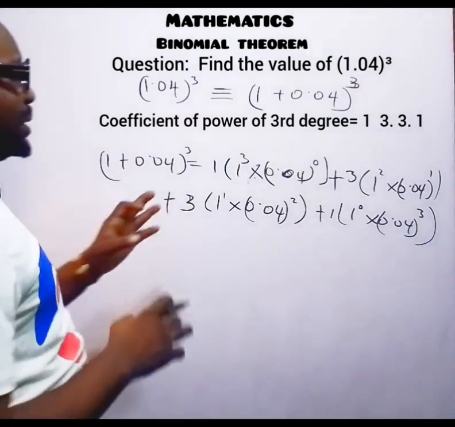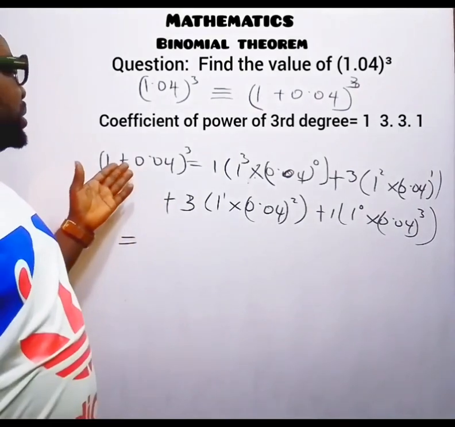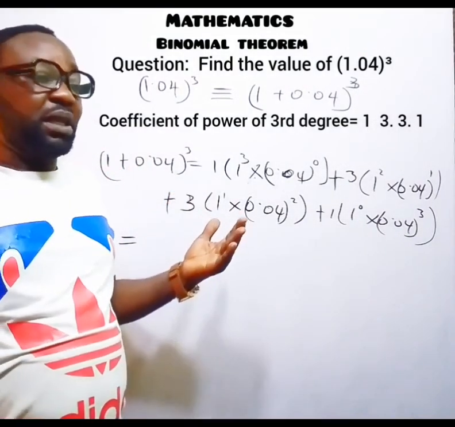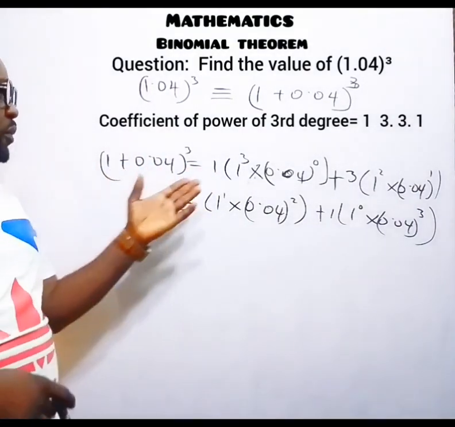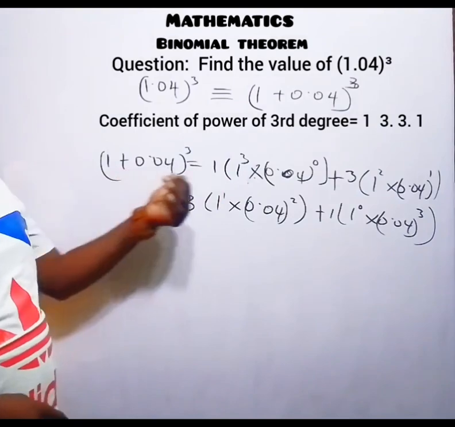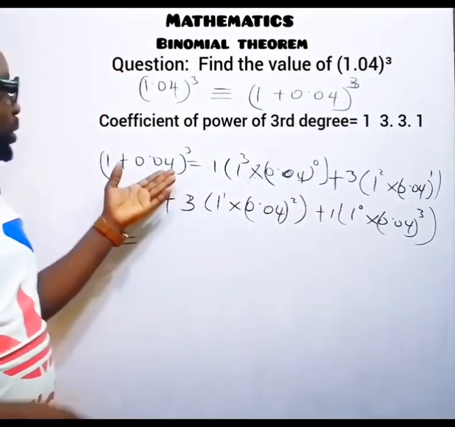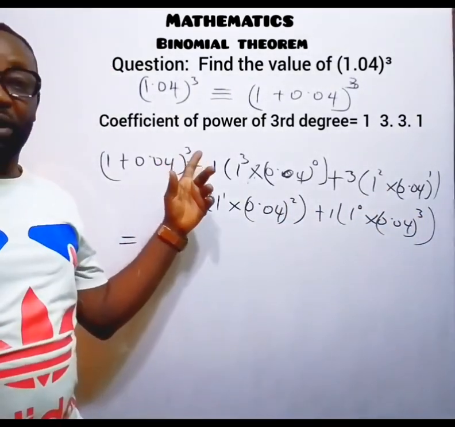Another thing I would like you to take note of is that anytime you are asked to add 1 plus a particular value, at the first step it is the 1 that is raised to the power of 3, and at the last step it is the second term that is raised to the power of 3.